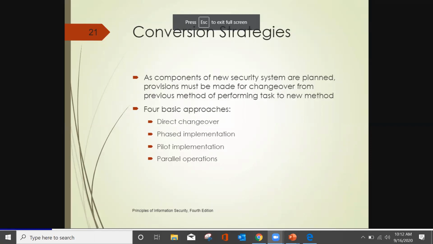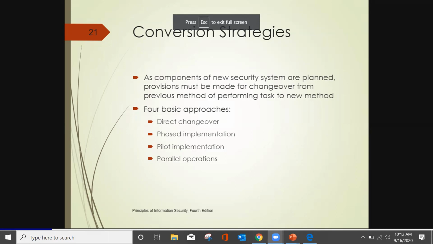And then we need to look at the conversion strategies. Some components of security are usually very well planned, and provisions must be made for the changeover from the previous method to a new method.